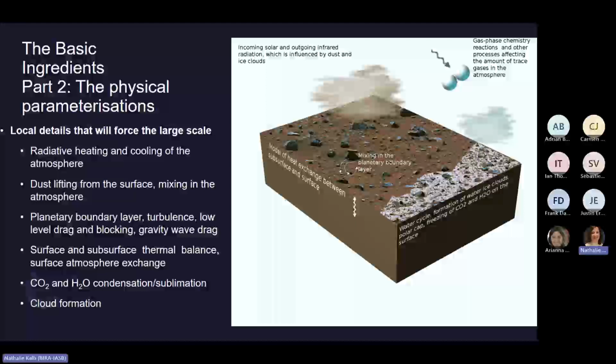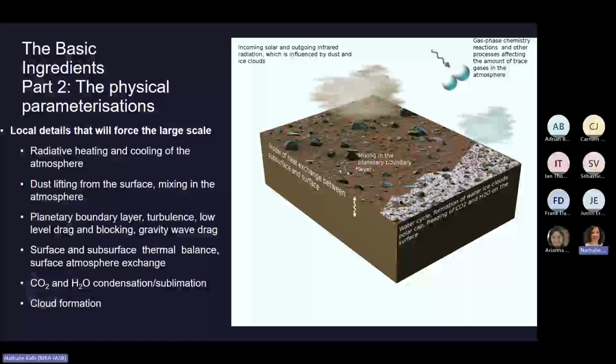So all of this is what makes your planet the planet you're studying. And I've listed the things that are usually included for Mars. One side note, this typically happens on a column. So you loop through all the columns and then they talk to each other later through the dynamics, but you're working basically with a whole bunch of 1D models doing these physical parameterizations.